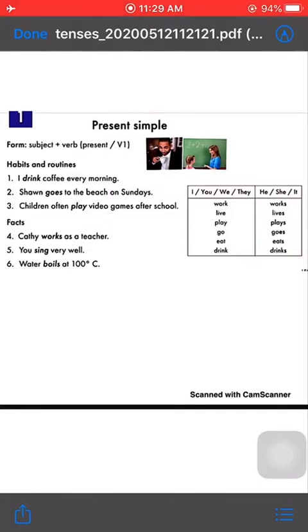Clear? Now the second sentence which we used earlier, Kathy works as a teacher, that was a fact. Here are some more examples. You sing very well. This is also a fact. Water boils at 100 degrees Celsius.